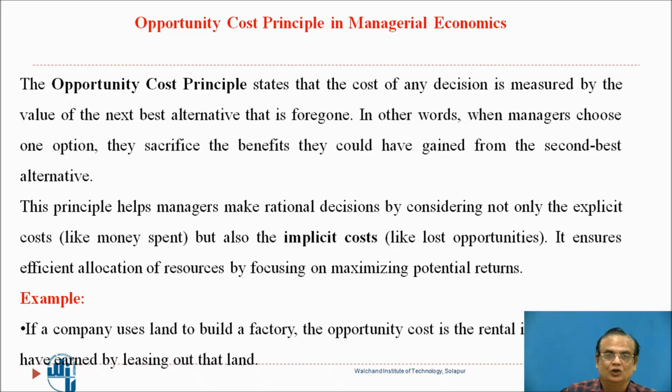While choosing the first alternative, you are losing the benefits you would have gained from the second alternative. That should also be considered, and this will help in your next decision making for the company.